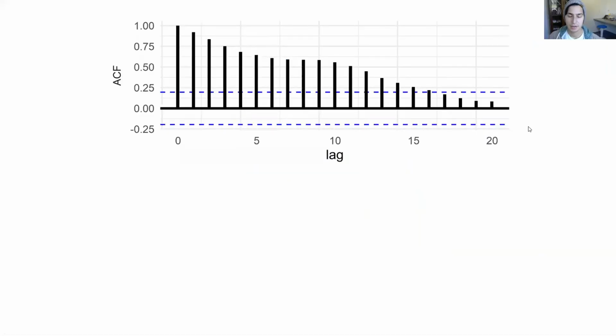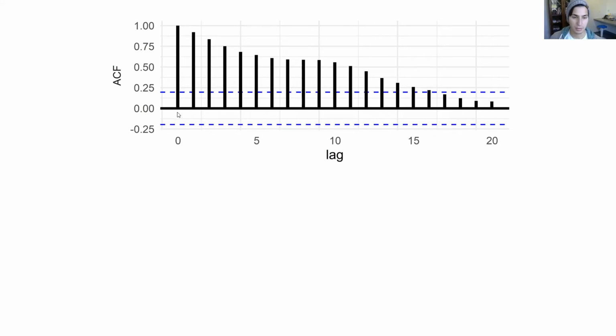So we can assess the extent of the residual temporal autocorrelation by plotting the autocorrelation function for the residuals. This is just the correlation between residuals at time t and t minus some lag. Here on the x-axis we have that lag, and on the y-axis we have the correlation coefficient.